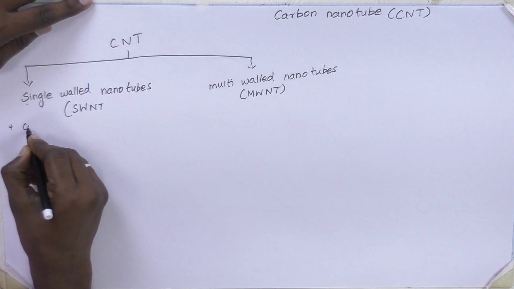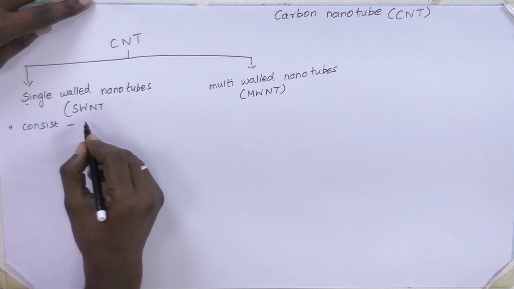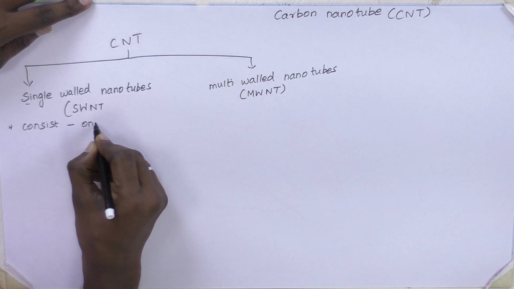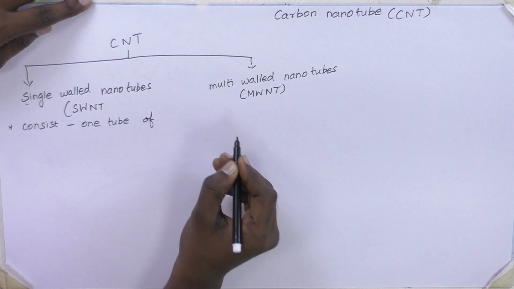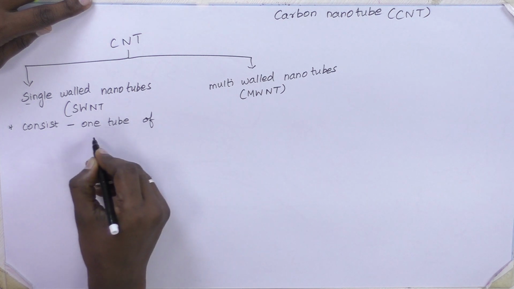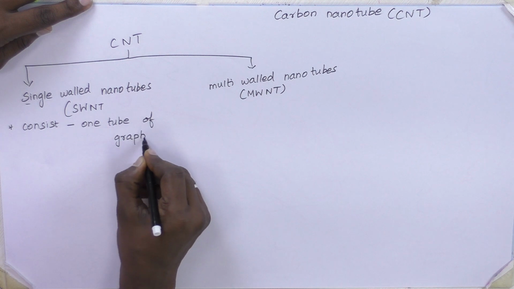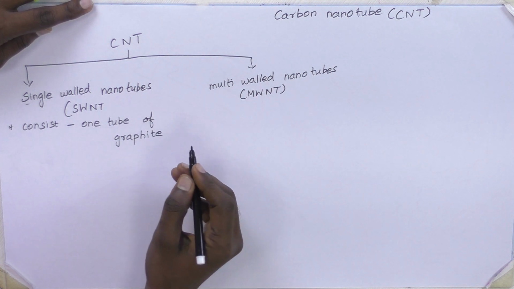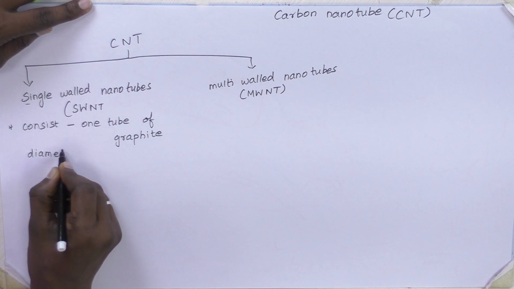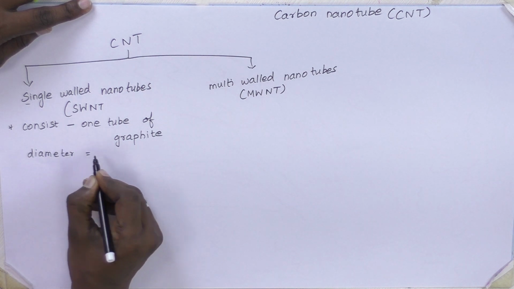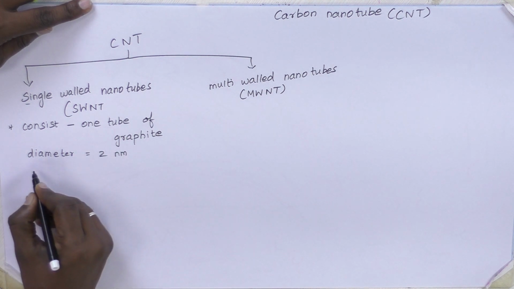So it consists of one tube of graphite. Its diameter is found to be in the range of 2 nanometer.